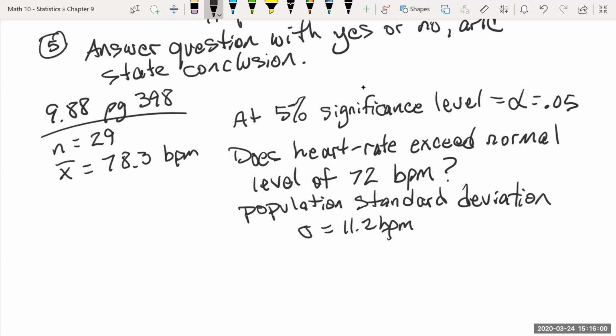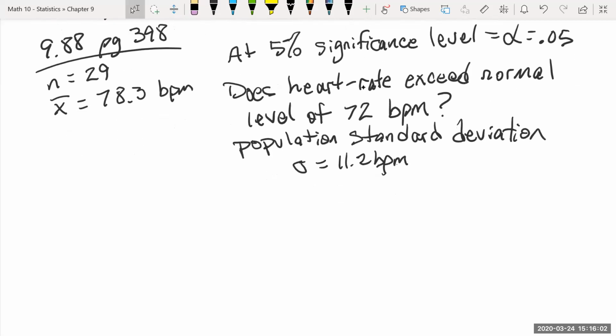Okay, we're ready for the test. So there's everything they told me. There was one other thing they told me before the reading of this section, because notice I didn't say anything about this being normally distributed, and my sample size is below 30. We know that if the sample size is 30 or larger, we can assume the sampling distribution of means is normally distributed, but they didn't say that.